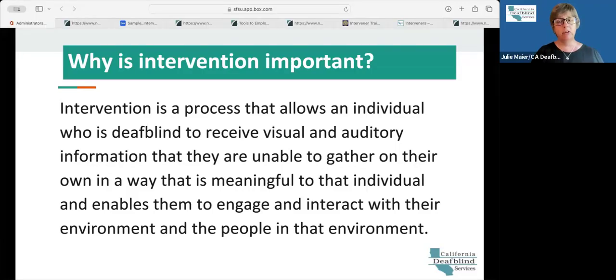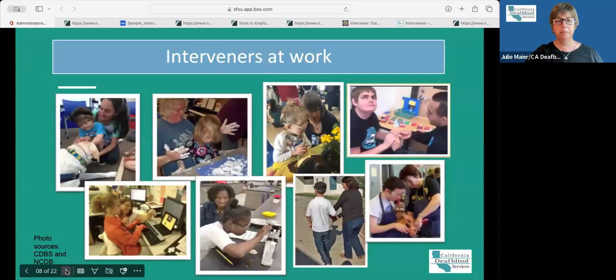So it's more than just providing things in larger print or in Braille. It's more than just providing an ASL interpreter. This is one way that an intervener is different than an educational interpreter. They're providing all the other visual information that's missing and any other auditory information in a very individualized way.